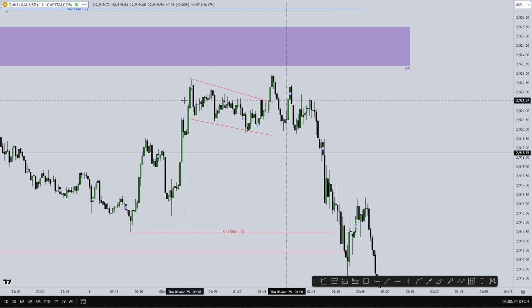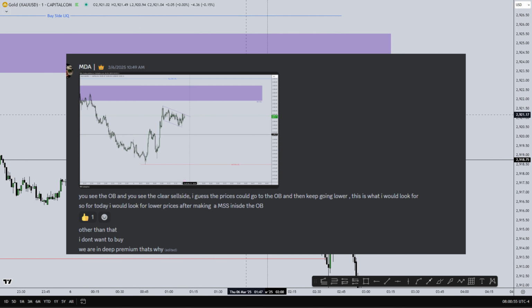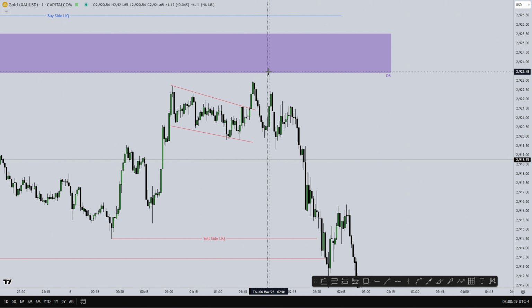You have to question whether the market is genuinely moving higher or if it is setting a trap, and understanding this difference is really important. Now, this brings us to the London session, which starts at 2 a.m., which is here. At this point, I expected prices to drop toward this order block, which I thought was a key level.